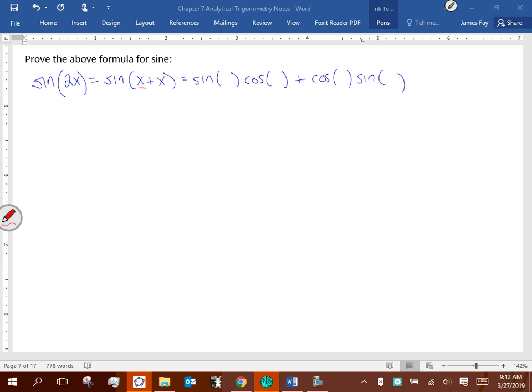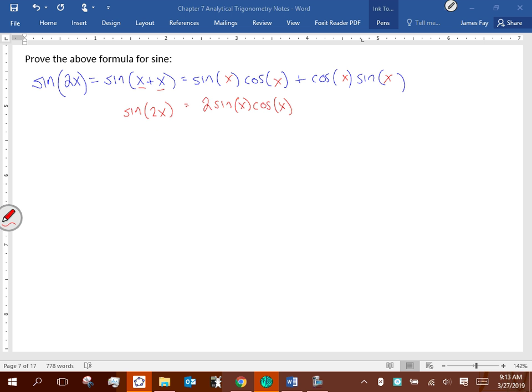But first angle and second angle are the same, right? So we just fill those things in. And now you have sine x cosine x, sine x cosine x, right? So you should have 2 sine x cosine x, which is the sine of 2x.